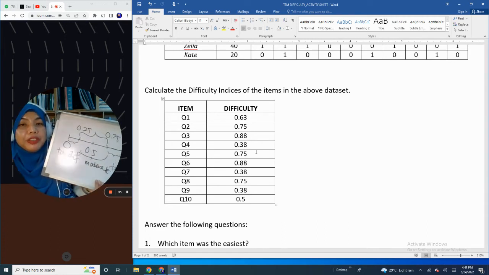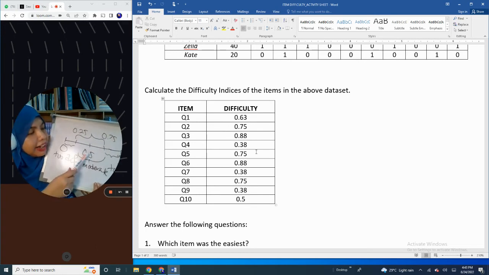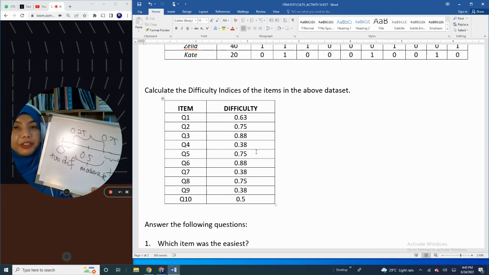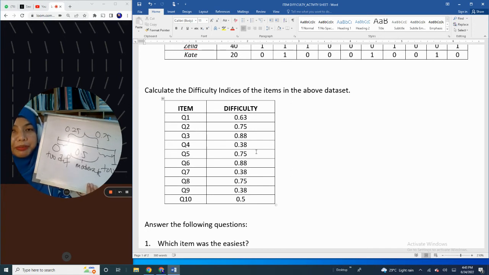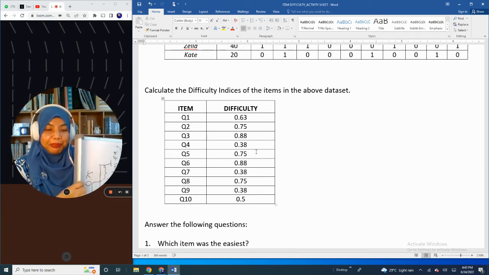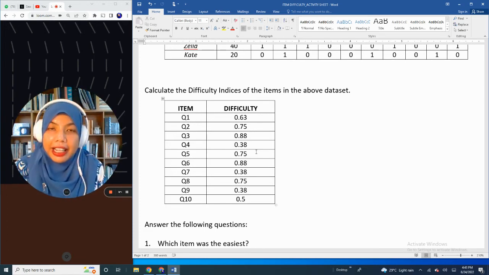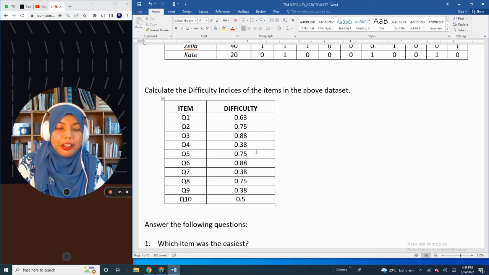In fact, the most difficult items in the test are at moderate level of difficulty. They are not even the most difficult items. So this test is quite easy. It doesn't have any difficult items.